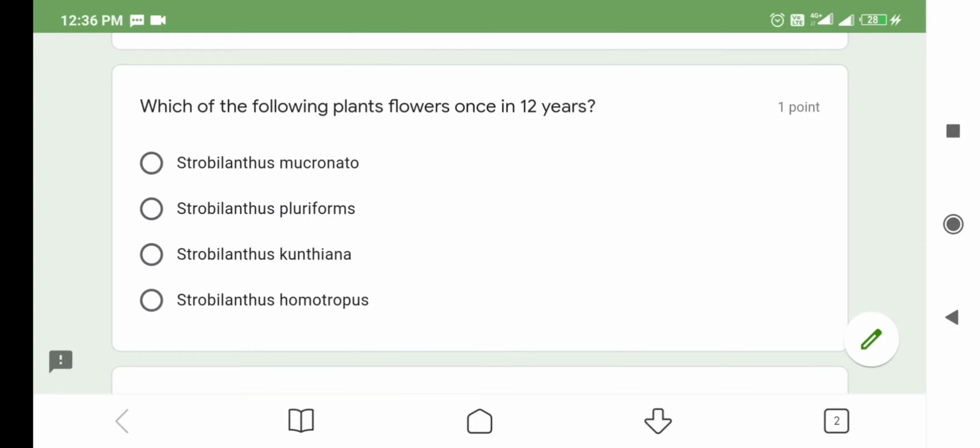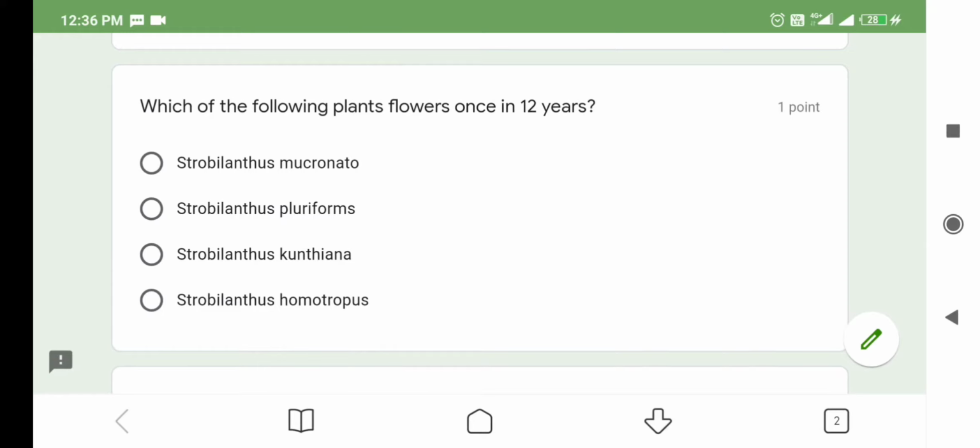Here, the plant Strobilanthes kunthiana is also known as Neela Kurunji. Its flowers are bluish in color. That's why it has got the name Neela Kurunji. It belongs to the genus Strobilanthes. This plant flowered during September to October in 2006.